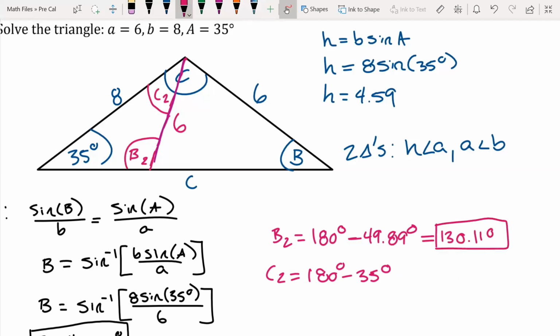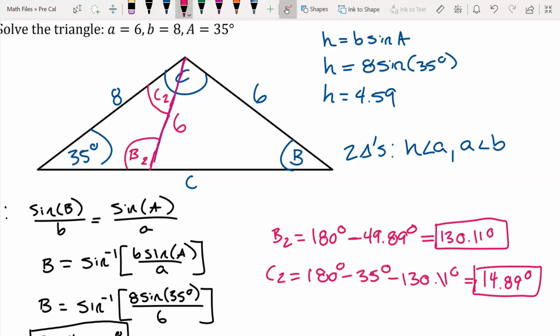Then we do 180 minus 35 minus 130.11, and we get 14.89.